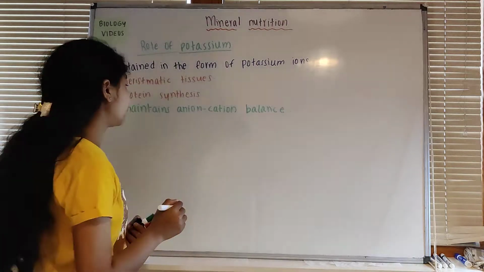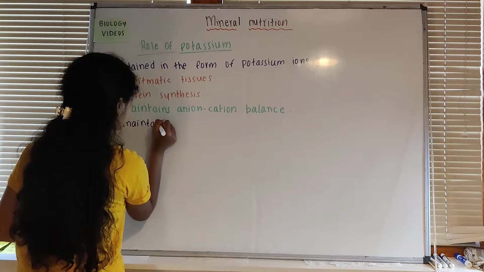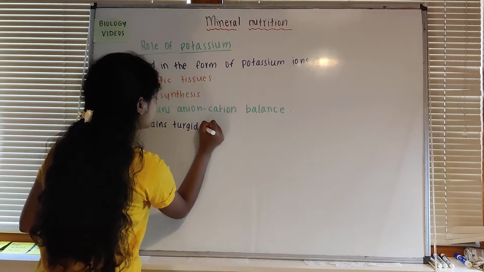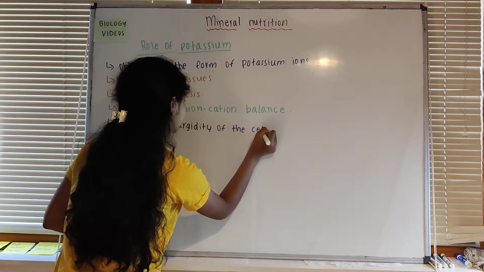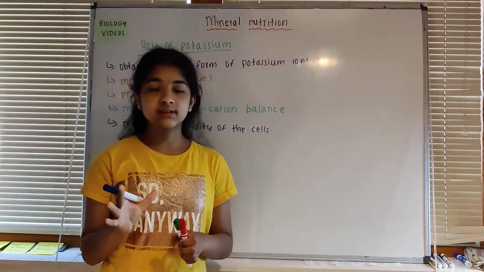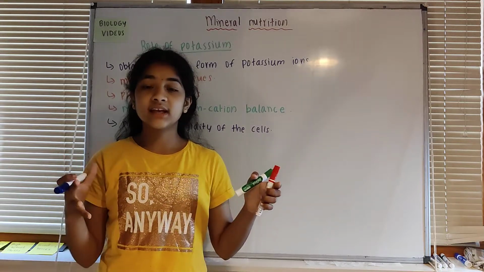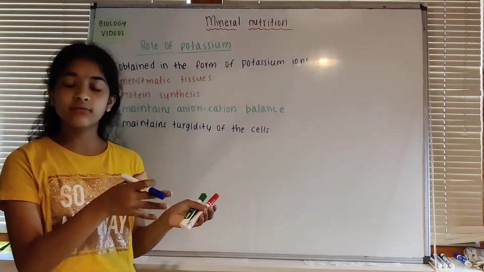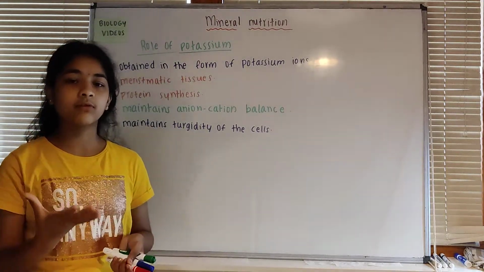The next thing, this is also a very unique function of potassium, that is it maintains turgidity of the cells. Now turgidity, we have discussed this, we know what is turgidity. Turgidity is the expanding of the cell due to the internal pressure of mostly the fluid inside the cell. We talked about this in the chapter of transport in plants.